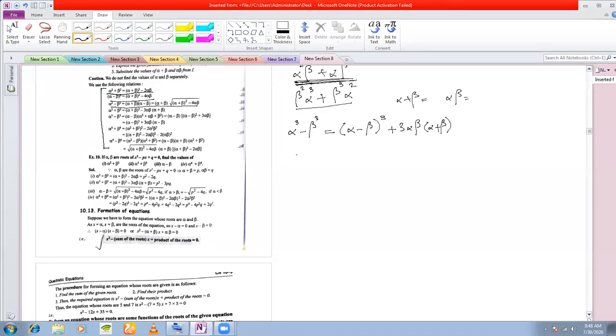Okay, this is by using what? A cube, a minus b whole cube formula. You know that a minus b whole cube is equal to a cube minus b cube minus thrice alpha beta into alpha minus beta. This should be minus. So therefore, what is a cube minus b cube?